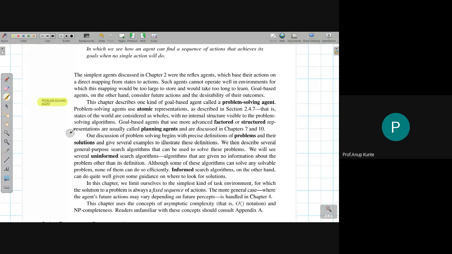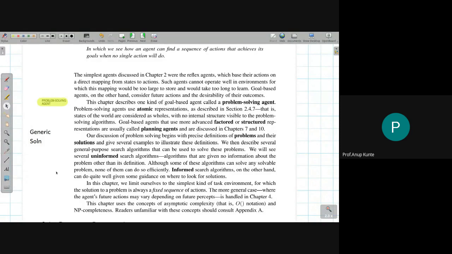Now, the problem solving agent is one such conversion of the goal based agent which allows you to handle certain kinds of AI problems. So please understand that the problem solving agent is not a generic agent. It does not give a generic AI solution. You can't build a generic solution based on the themes that you learn in this chapter.